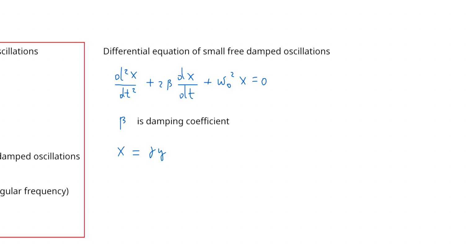So the first derivative dx by dt will be gamma dy by dt plus d gamma by dt times y.